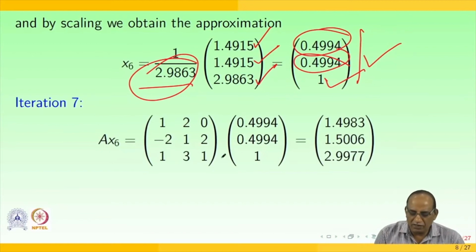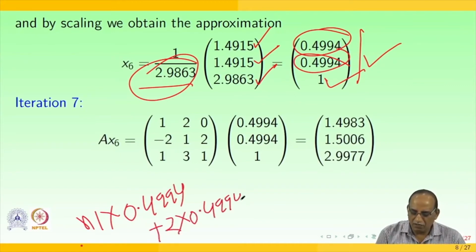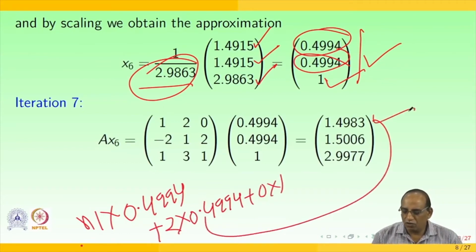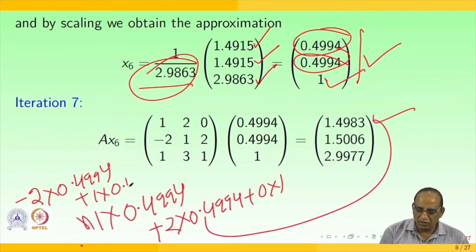And when you multiply with AX6 as per this algorithm, the first entry is 1 into 0.4994 plus 2 into 0.4994 plus 0 into 1, which gives 1.4983. Second one is minus 2 into 0.4994 plus 1 into 0.4994 plus 2 into 1.